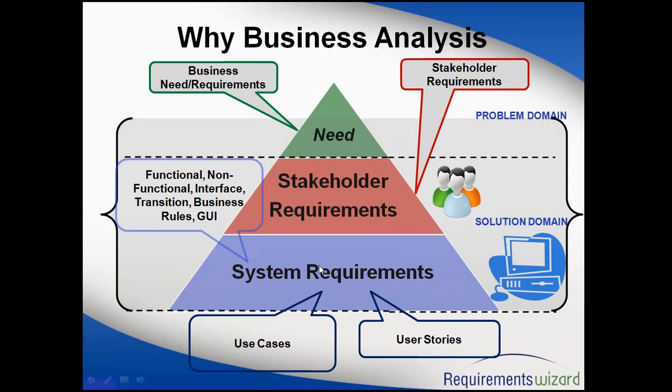So let me give an example here. A few slides back, we took an example of a bank. And one of the things the management identified was they need to improve the customer service.